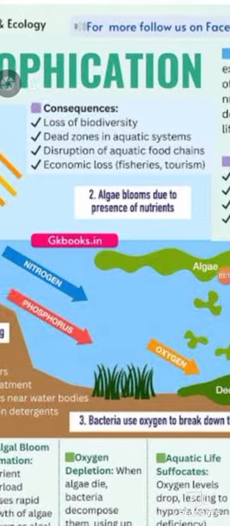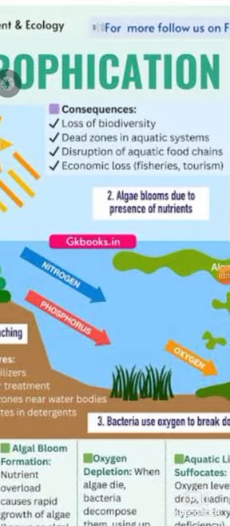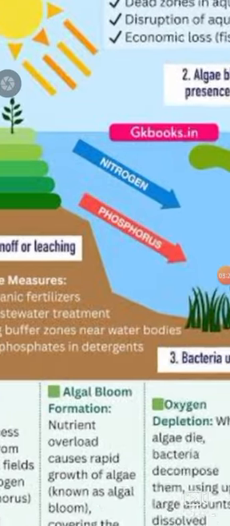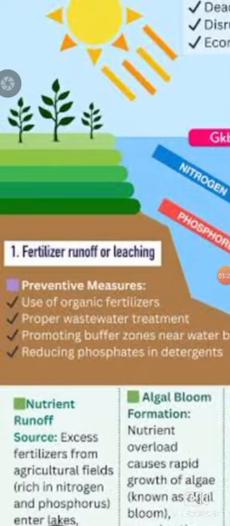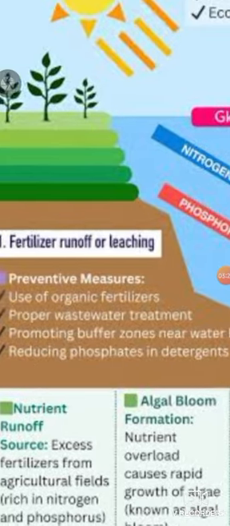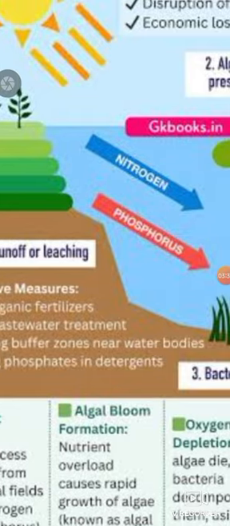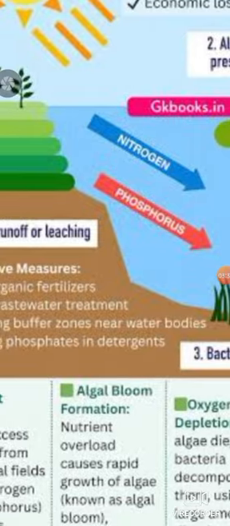So what are the consequences? You can see this diagram here. You can see the fertilizer runoff, chemical fertilizers runoff from a kind of sloping hill. These fertilizers containing a lot of nitrates and phosphate now wash into the water body.